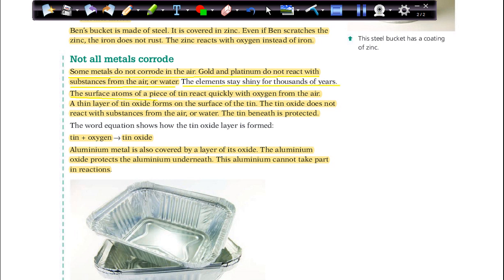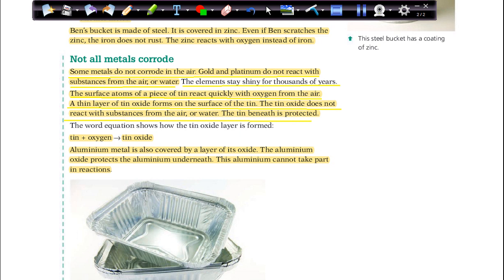The surface atoms of a piece of tin react quickly with oxygen from the air. Tin is another element, another metal. It could react quickly with the oxygen, so a thin layer of tin oxide forms on the surface of tin. The tin oxide doesn't react with substances from the air or water.